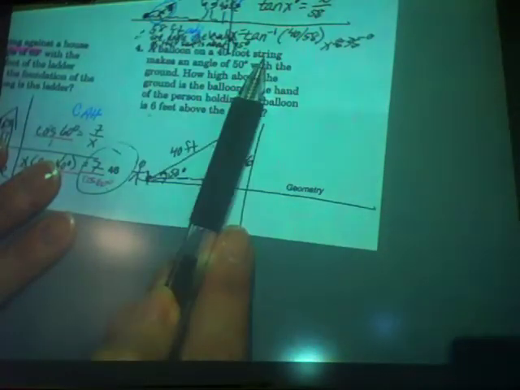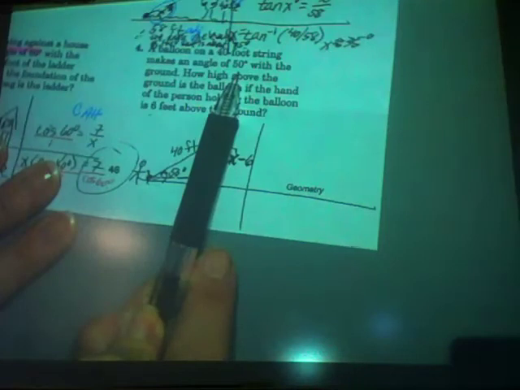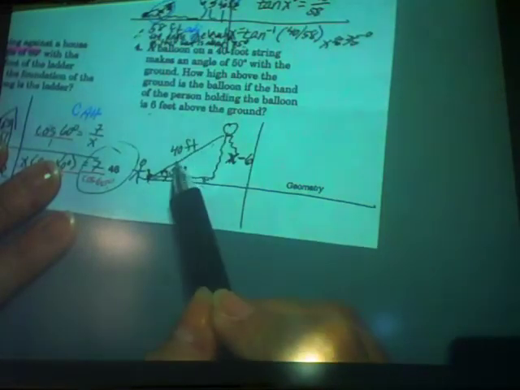Where did I come up with that? I don't like how they said that the balloon makes an angle of 50 degrees with the ground, because then technically isn't the person like over here holding the balloon right there, how they described it? And I'm pretty sure that's not what they meant.